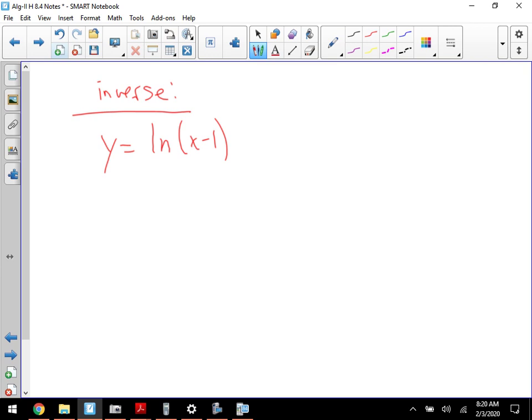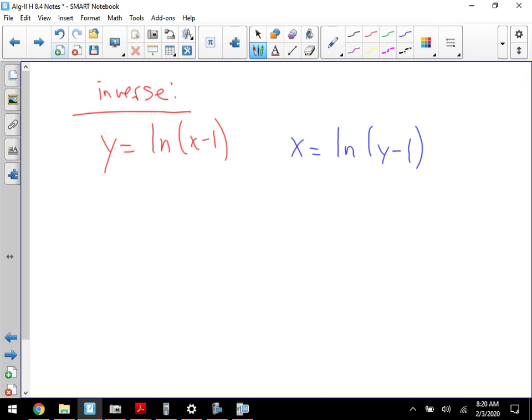So, real fast, just to show you an example of how you work with inverses as far as natural logs are concerned. Remember, for the rule of doing inverses, you're flip-flopping x's and y's, and then you resolve. Okay? So in this case, first step would be to flip-flop your x and y. So I'm going to have x equals natural log of y minus 1.